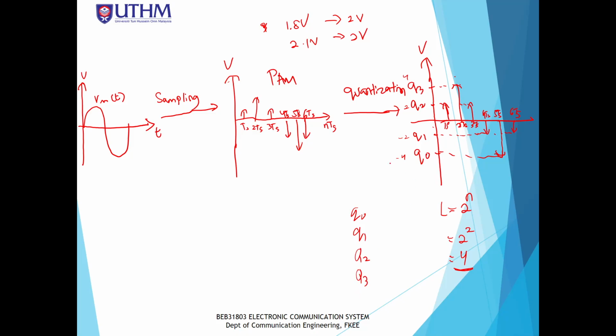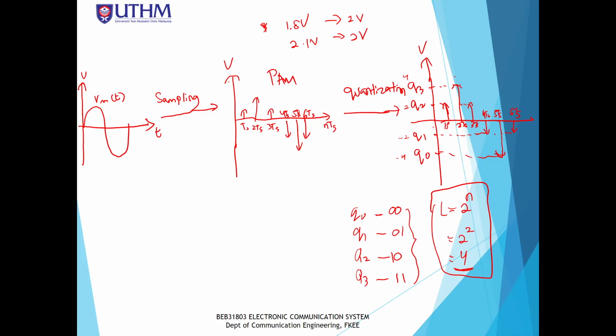Since I'm using 2 bits, this is 00, this is 01, this is 10, and this is 11. These are the codes for each of the quantized levels. We will learn about this later. So now you see that the number of levels is 2 power of n.